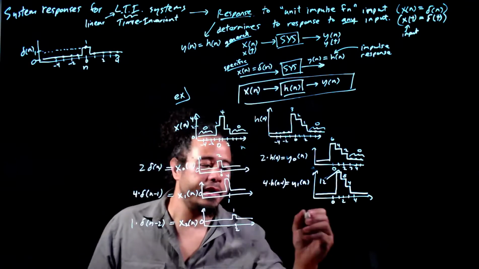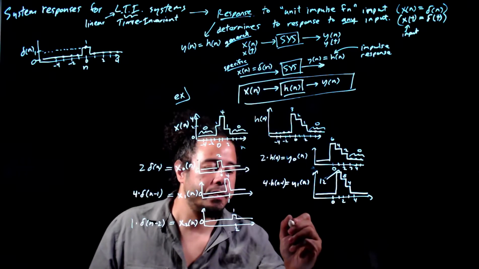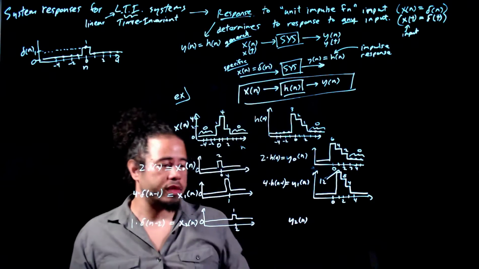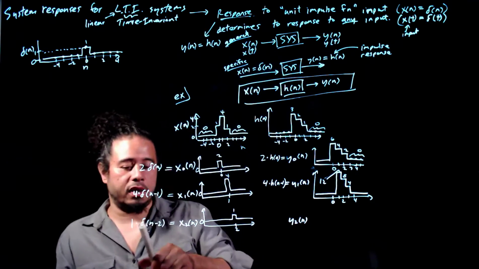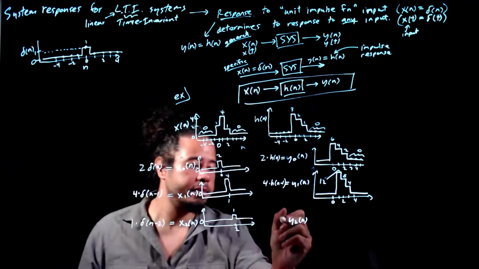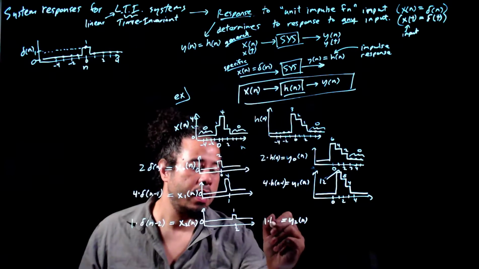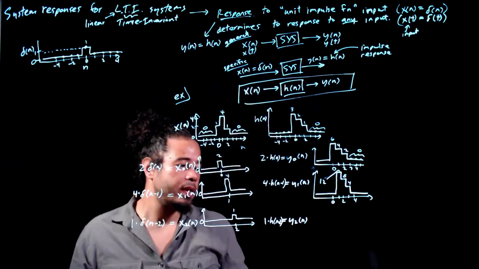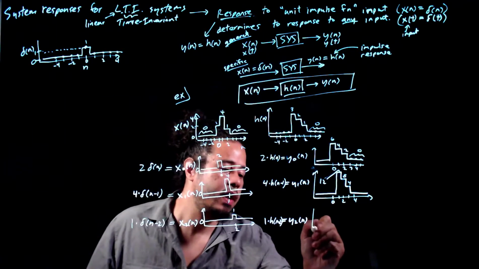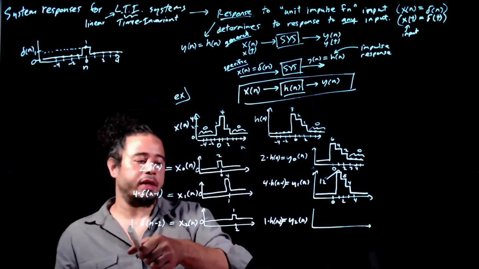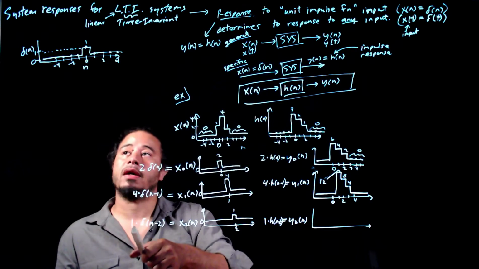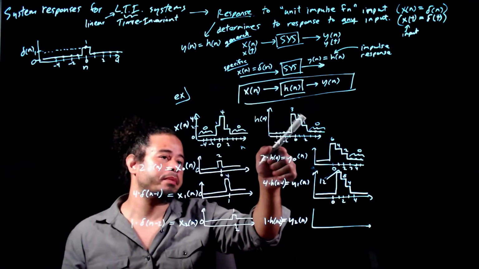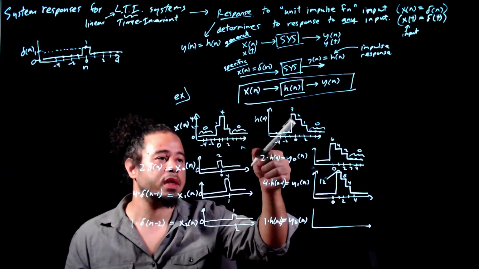All right, and then finally, just to completely reinforce this, y2 of n is going to be equal to 1 times h of n minus 2. The input here is just 1, so we don't actually have to scale the impulse response.